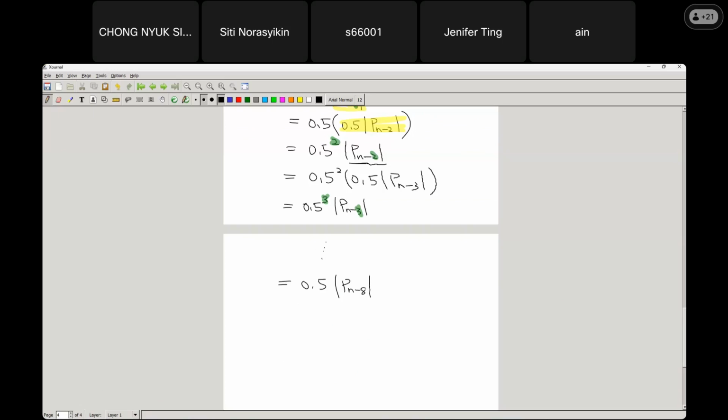What do you have here? 0.5 will be to the power of 8. Yes, thank you, Daniel. So you see, this is matching, right? So now I want you to do this. And at the end, I want to know what is my 0.5, and then here I want to have P0. How are you going to get 0 here?